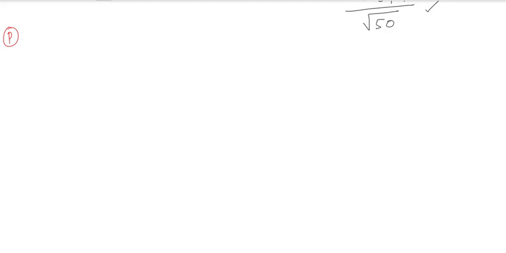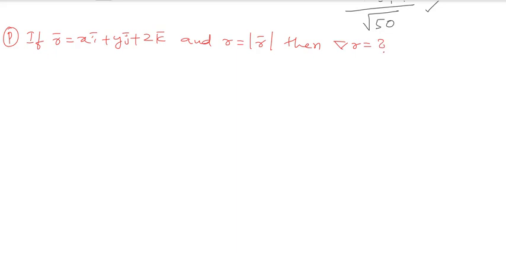If r bar is equivalent to xi bar plus yj bar plus zk bar, and r is equivalent to mod r bar, then what is your del r? They gave the options.